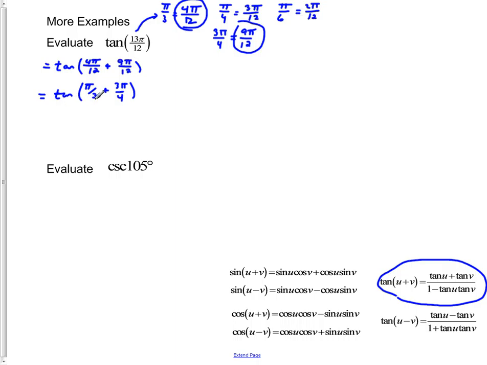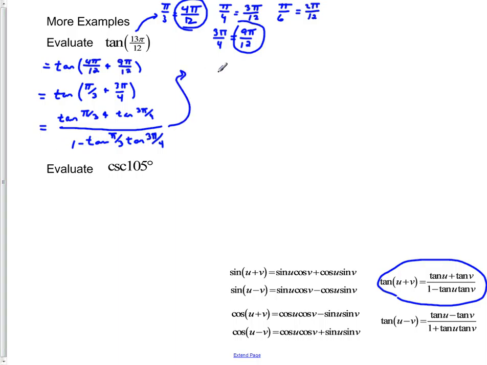If we have the tangent of u plus v, it is the same as taking the tangent of u, in this case pi over 3, plus the tangent of v, and that's tangent of 3 pi over 4 in this case, divided by 1 minus the product of tangent of pi over 3 times the tangent of 3 pi over 4.